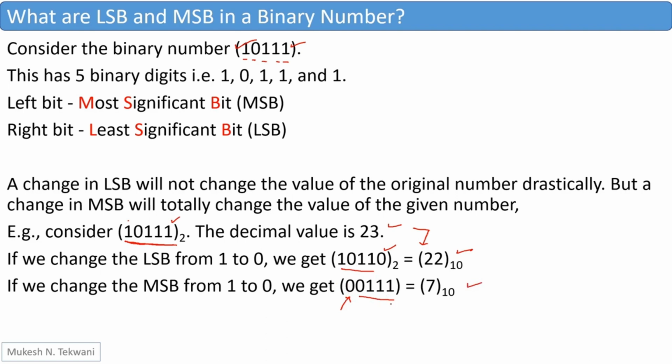There you can see there is a drastic change in the value of the number, and therefore the most significant bit has the significance that its value decides the value of the number. If this value changes from 1 to 0 or 0 to 1, the final number can change drastically.